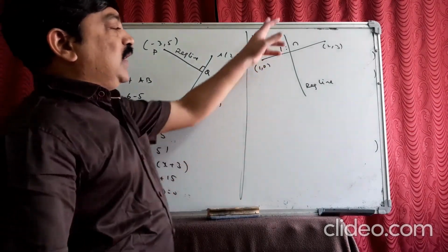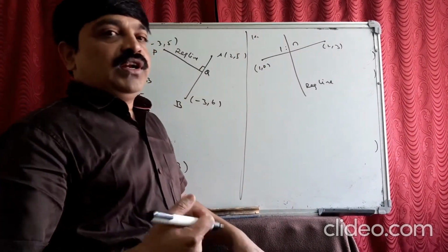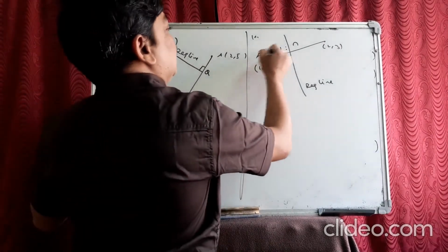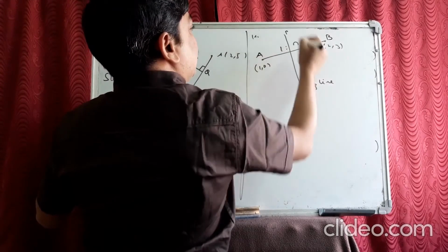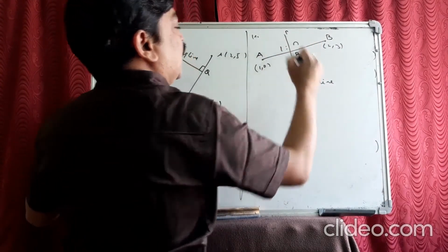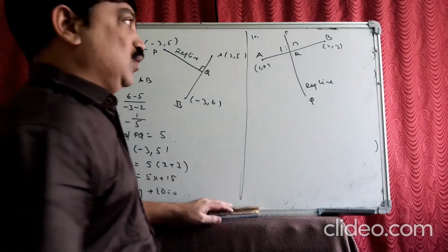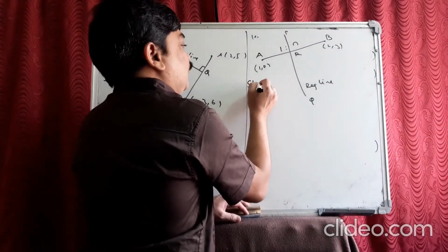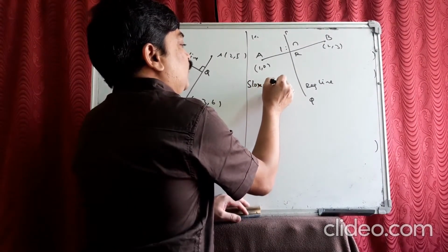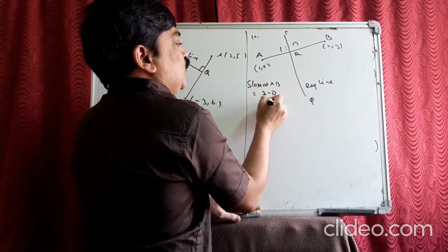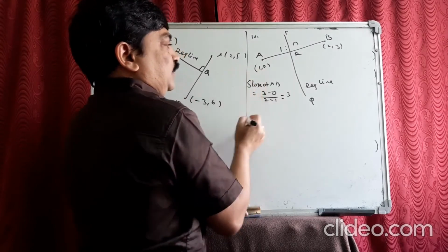To find the required line, we need a point and a slope. So how to find the slope? Let us write AB and this is PQ. Let us take this as R. To find the equation of PQ, we need the slope of PQ. First let us find the slope. Slope of AB will be (y2 minus y1) by (x2 minus x1), (3 minus 0) by (2 minus 1), which is 3.